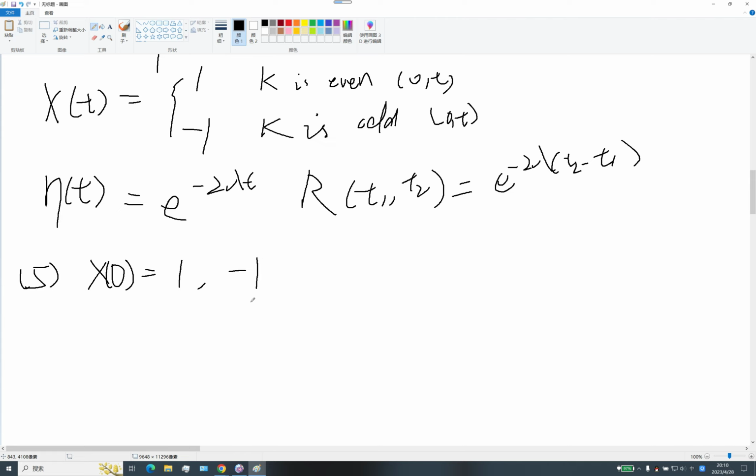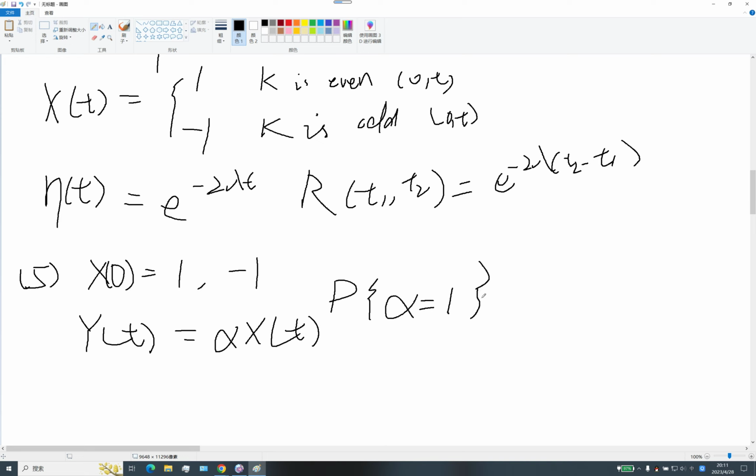So the random telegraph signal is in this form, which is yt equals alpha xt, where alpha is equally 1 or minus 1. So this is the random type of signal.